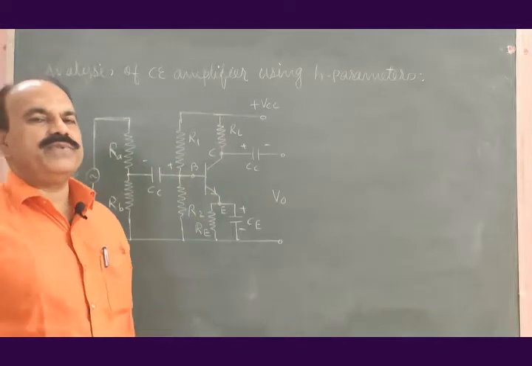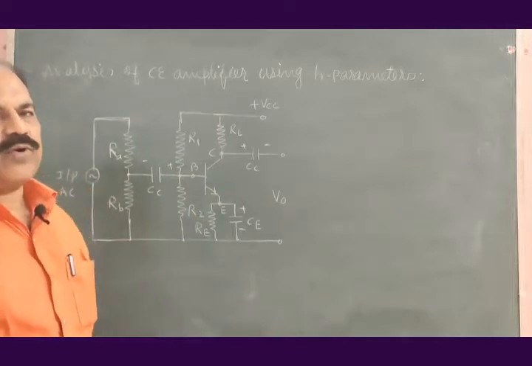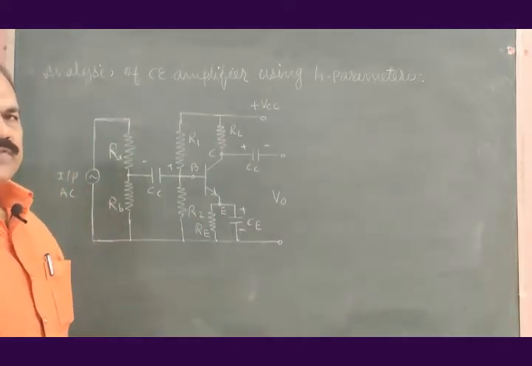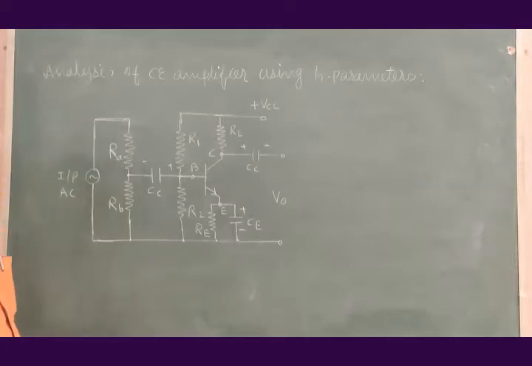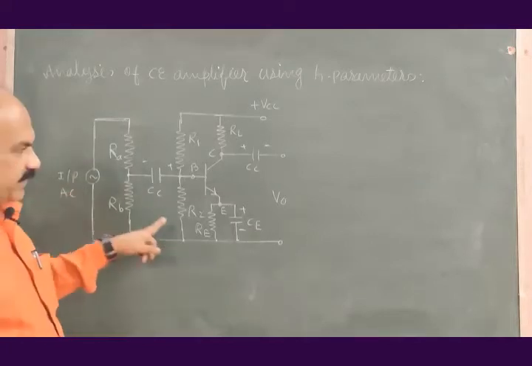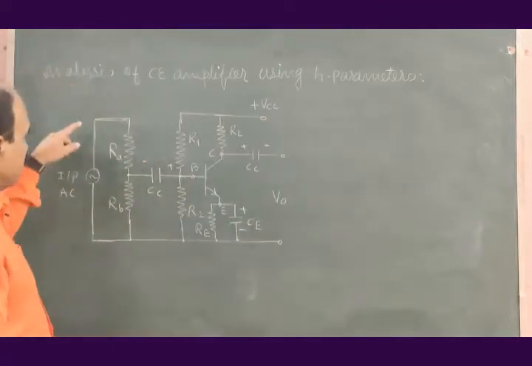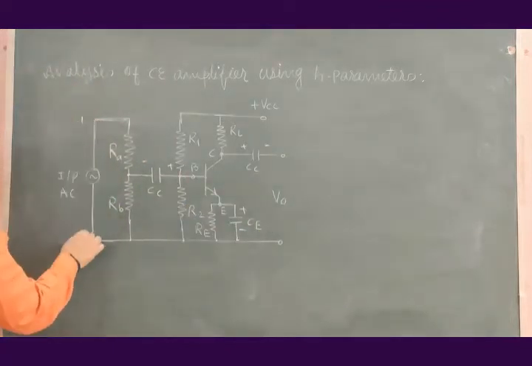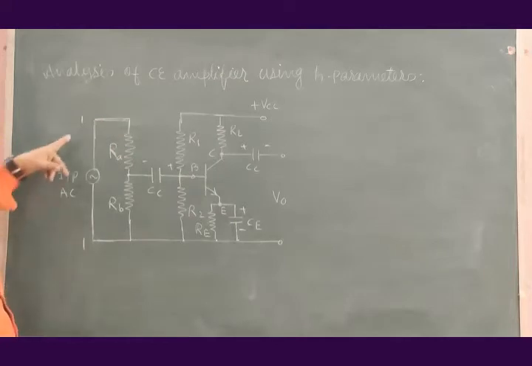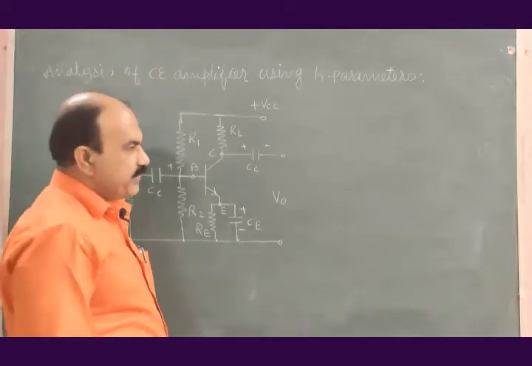This is the required circuit diagram for common emitter amplifier. Input AC, output AC. Between these two terminals, you may treat this as terminals 1-1, where input is provided.